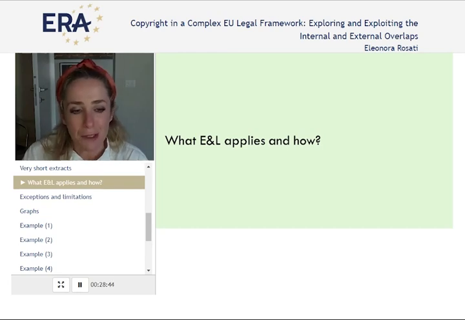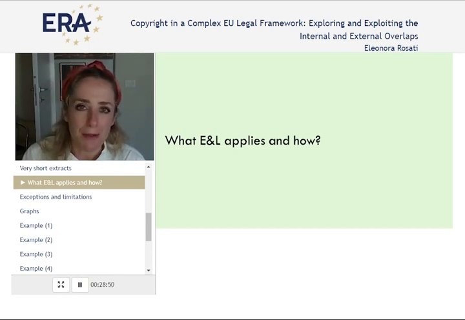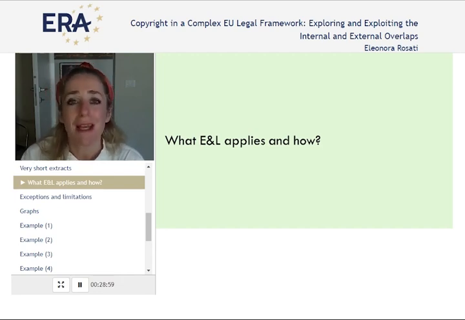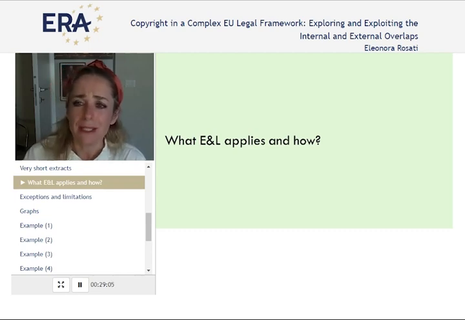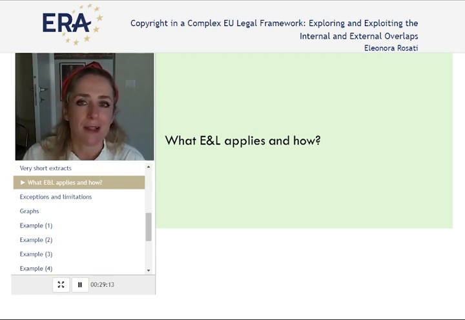And then coming to the final block, what exceptions and limitations apply and how, as you know, in the European Union, we have a closed catalog of exceptions and limitations. The CJEU has expressly clarified that it is not possible to open up that catalog at the national level. So what an operator is required to do is indeed to identify a potentially applicable exception and limitation and determine if the conditions thereof are satisfied.